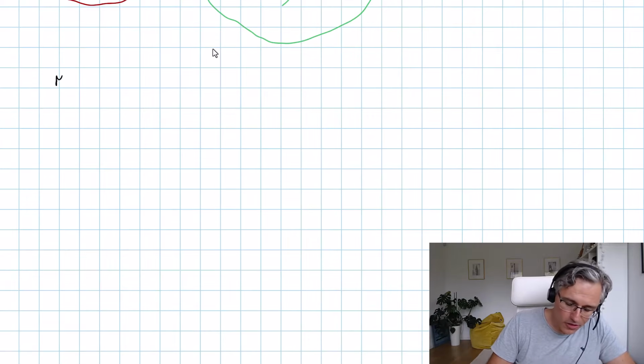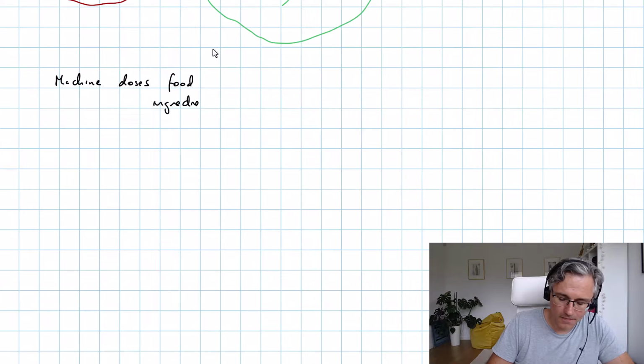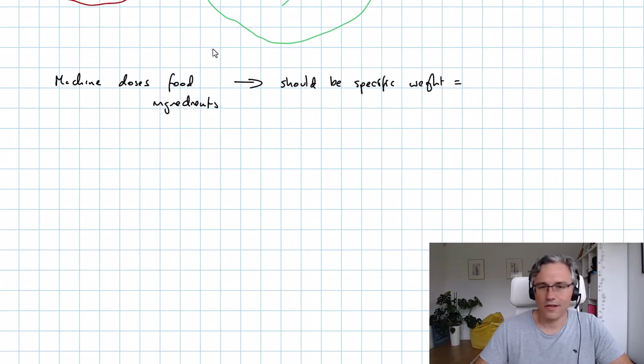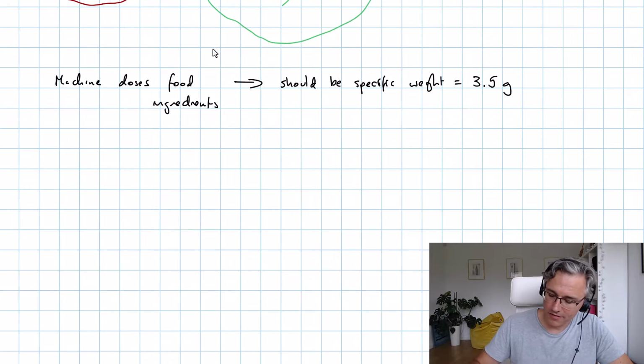So you've got a machine which doses food ingredients. Okay, and a specific ingredient should be dosed in a specific weight. Let's say this specific weight is precisely 3.5 grams.